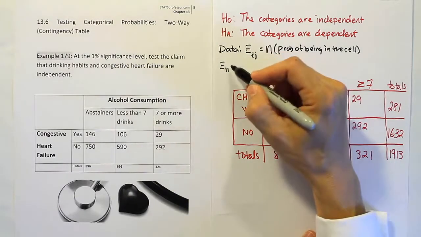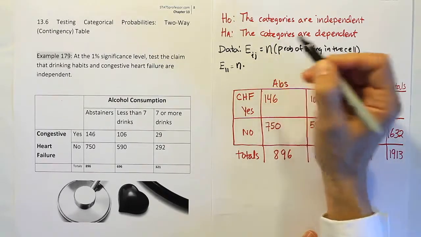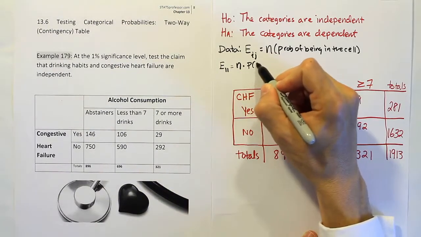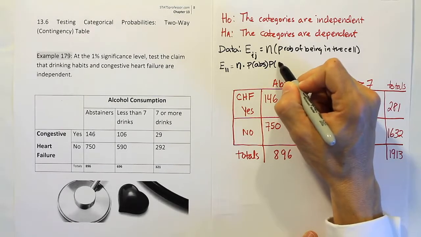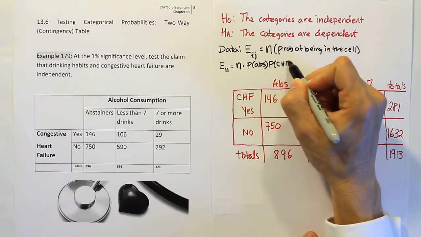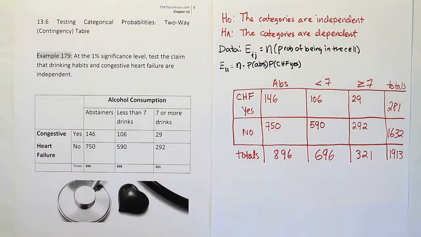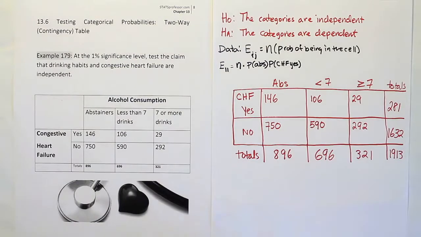So what's the expected value for that? Well, it would be the sample size, n, times the probability of being an abstainer, times the probability that you have congestive heart failure, so congestive heart failure, yes. Those two probabilities multiplied times the sample size will tell you how many people we should have in the cell.